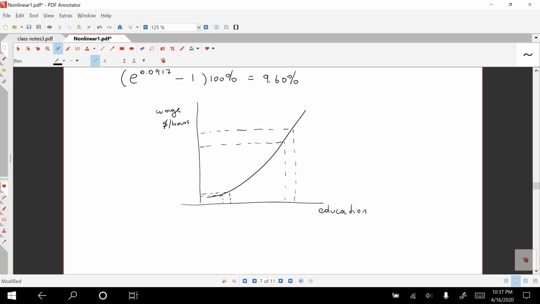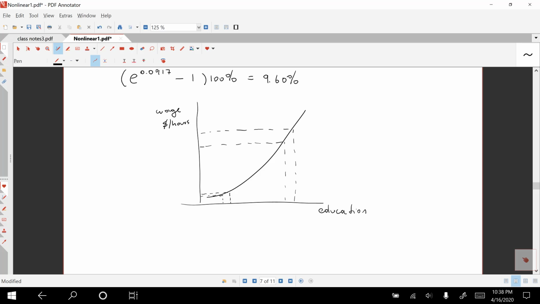The fact that the marginal effects at the beginning are smaller and later are larger is consistent with having this constant percentage effect on wages for an additional year of education. Okay, so that's very straightforward, the estimation of this log level model.